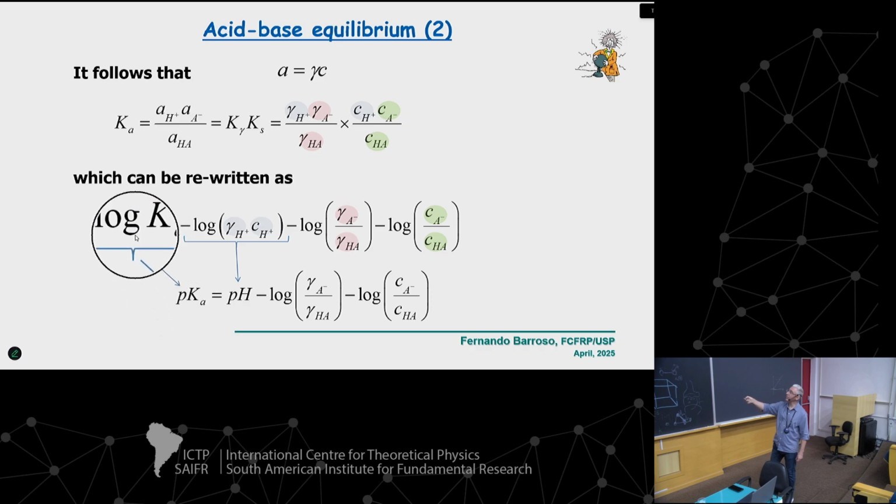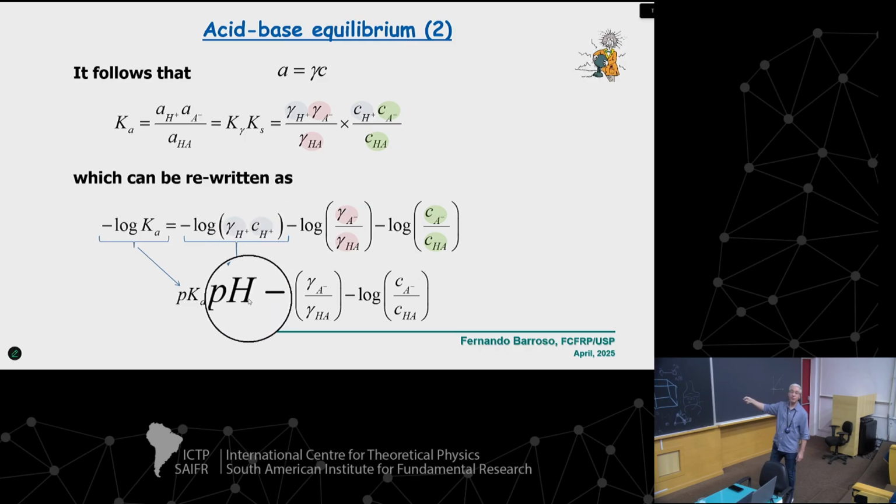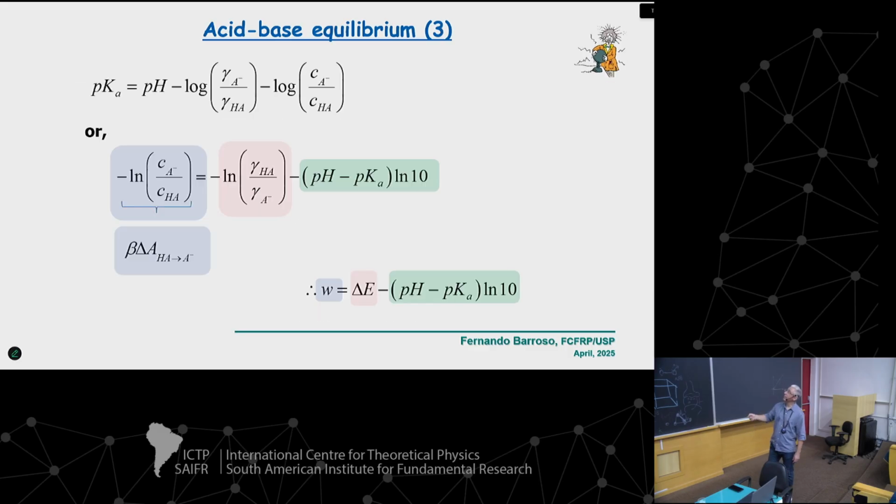And then we can start to identify who is who, like minus log of Ka is the definition of pKa. Minus log of the activity, that's activity here is the concentration times the activity coefficient, is the definition of pH. And then we are left with these terms. So we can arrange these things in different ways, and easily we can identify that the first term is just the free energy to go from the protonated state to the deprotonated state.